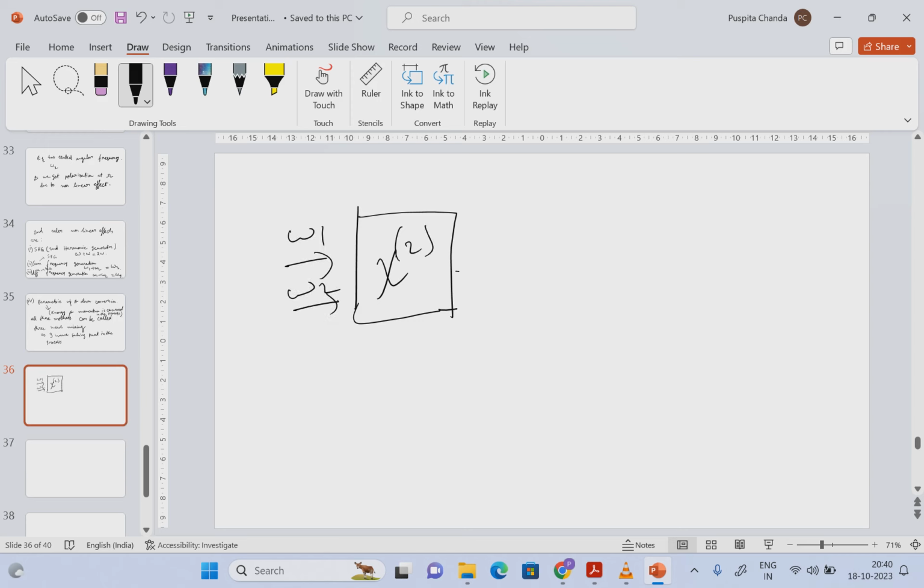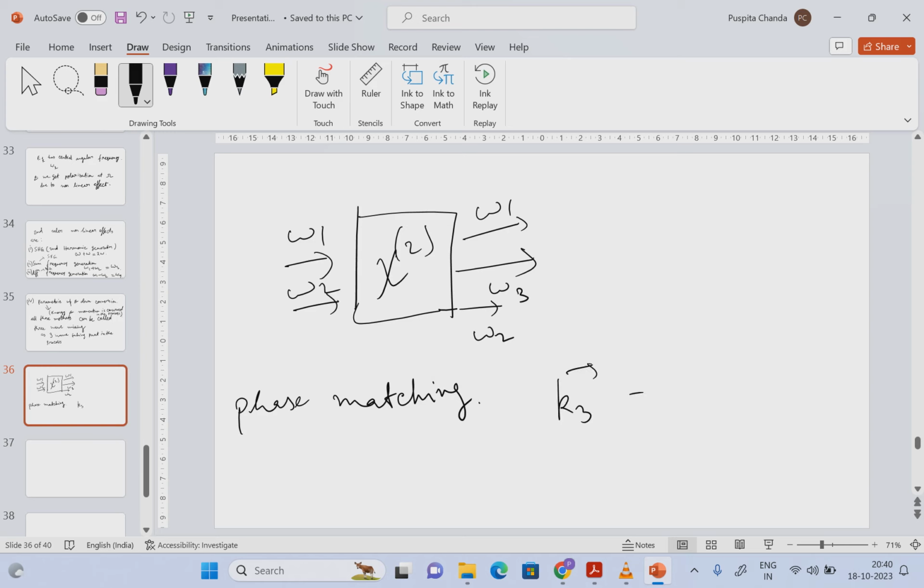We feed omega 1, we feed omega 2. We do not only get omega 3, we also get omega 1 and omega 2. The intensity will be less, but we'll get that. And another important thing is phase matching. That k3 should be equal to k1 plus k2. Okay. Can be written as omega c and omega.